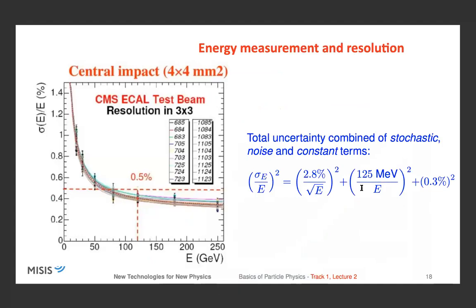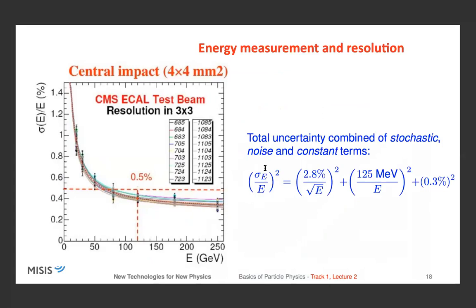Now, another example of the precision of the detectors is the energy measurement resolution. For energy measurement, the picture looks different. If you look again at the relative uncertainty of the energy measurement, sigma E over E, as a function of the energy, you see that here the measurement improves with the energy.